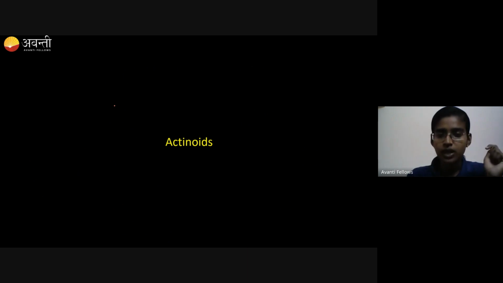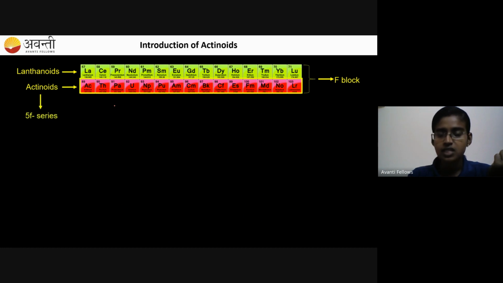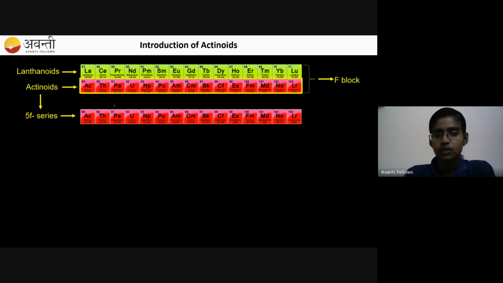Now coming to actinoids, actinoids are also an f block element, 5f series. The last electron enters into the 5f orbital, from actinium till lawrencium.